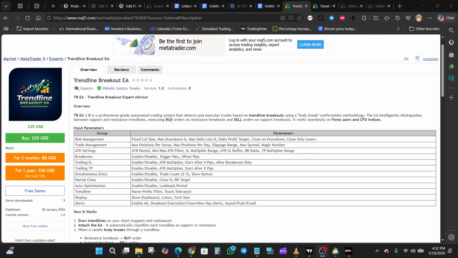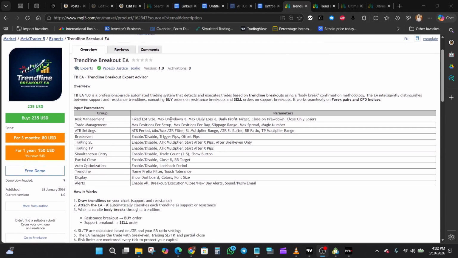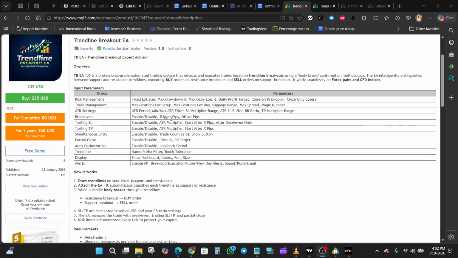Now, from the overview, the EA is designed specifically around trendline breakout trading. Okay, what stands out immediately is that it works by detecting breakouts of manually drawn trend lines on your chart rather than fully automated pattern detection without user input.